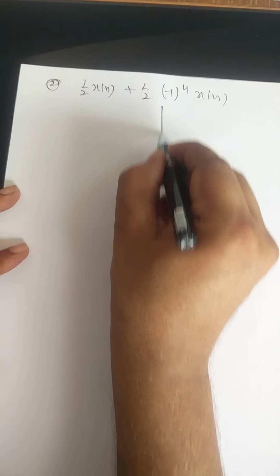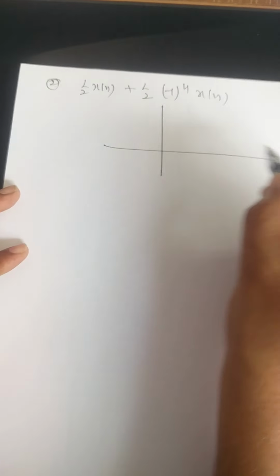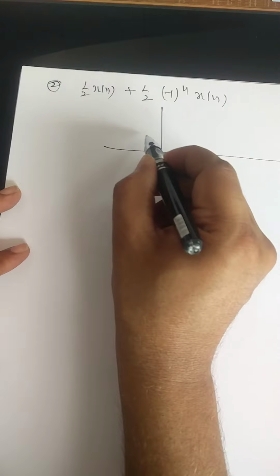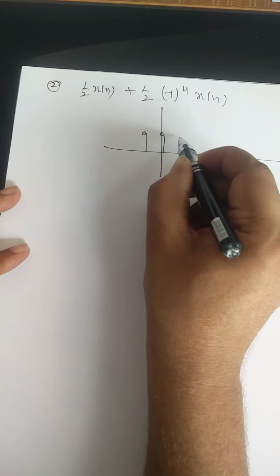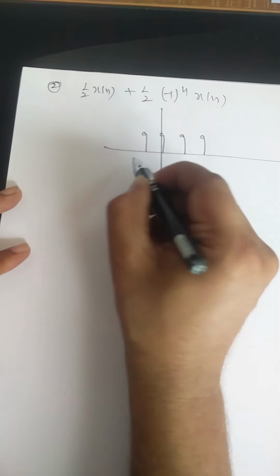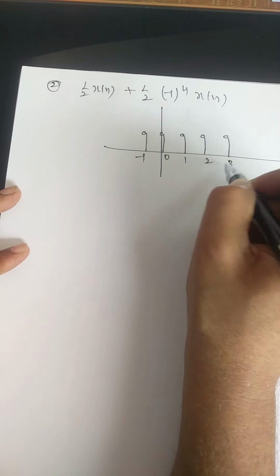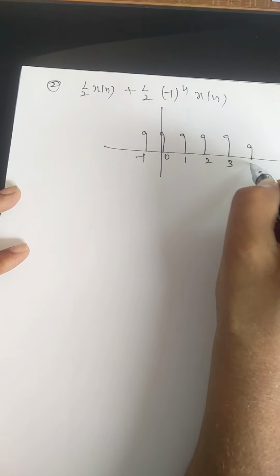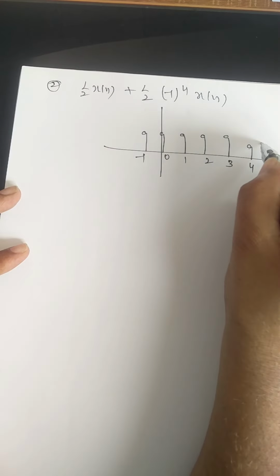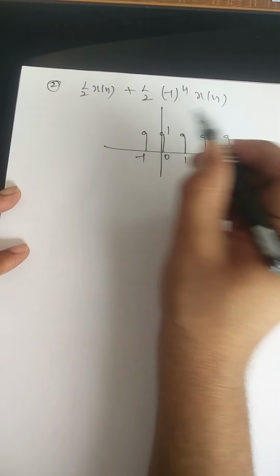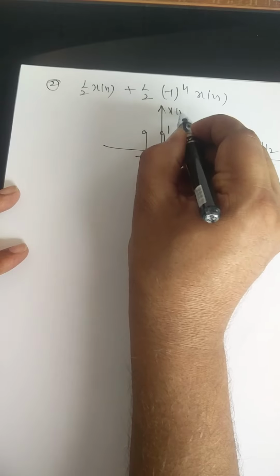We know that the x of n signal exists from minus 1 to 4, at minus 1, 0, 1, 2, 3, 4. This is n. This value is 1 by 2, and these values are 1. This is x of n.